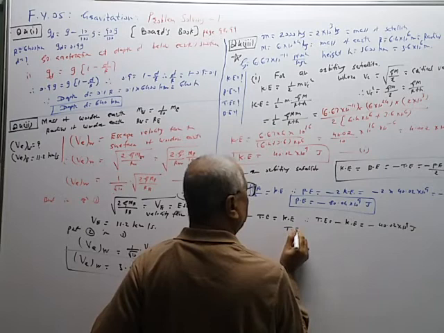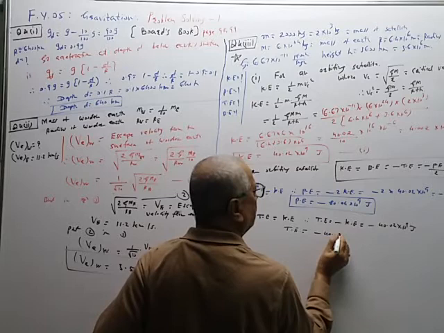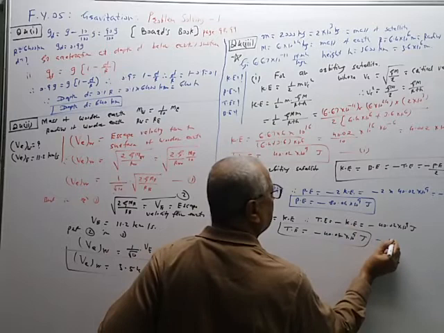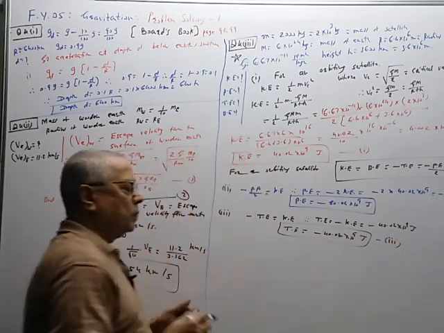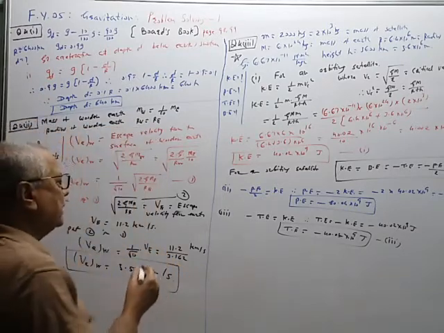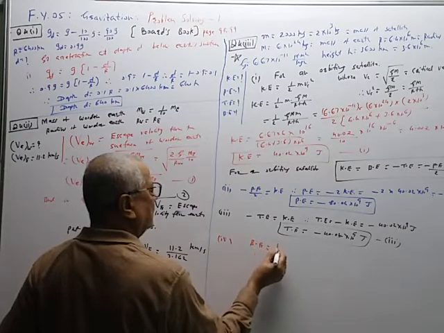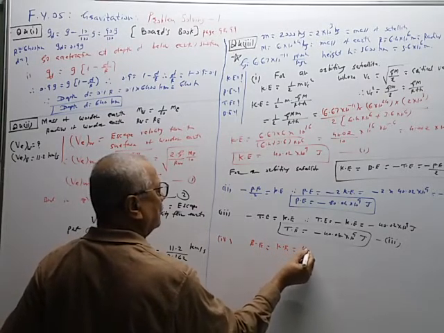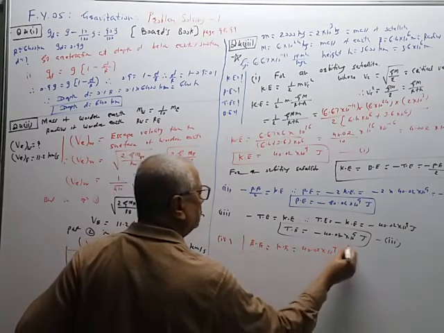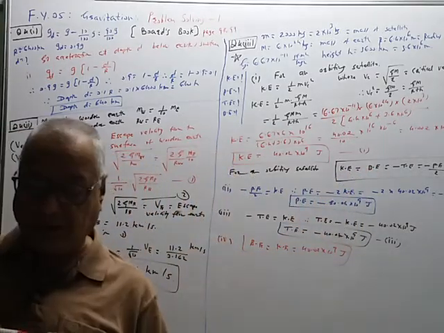And therefore, the total energy of the orbiting satellite is equal to minus 14.02 into 10 raised to 9 joule. This is the third answer. And now we have to find the last, binding energy. B is equal to K is equal to 14.02 into 10 raised to 9 joule. K and B are equal. So these are the three answers.